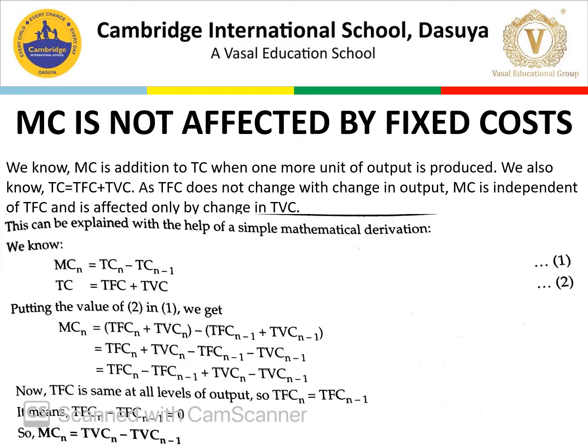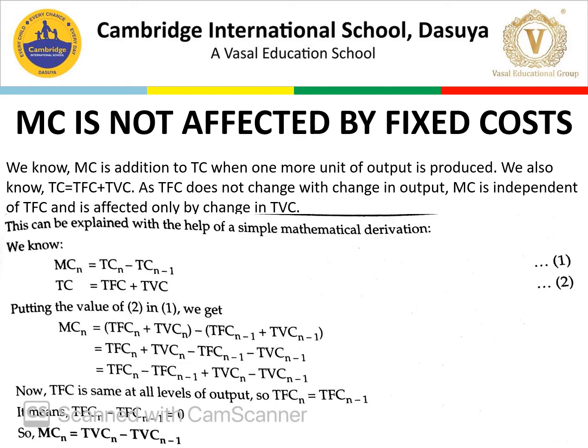So MCn is equal to TVCn minus TVCn minus 1. Similarly, our MC can also be found from TVC. If we take the previous value of TVC and subtract it from the new value, we will find MCn. Now it is clear to you, I hope. If it is not clear, you can give me a call.